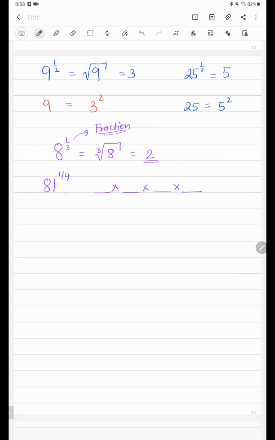So 81 to the power 1 by 4 means the fourth root of 81, and that means a number that is multiplied by itself 4 times and gives you 81.